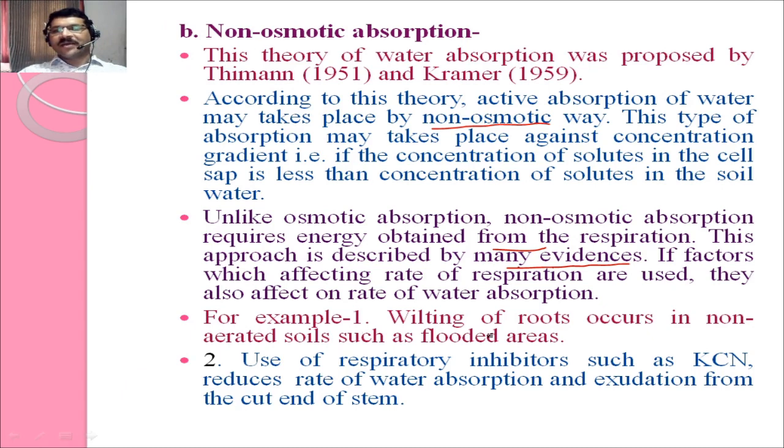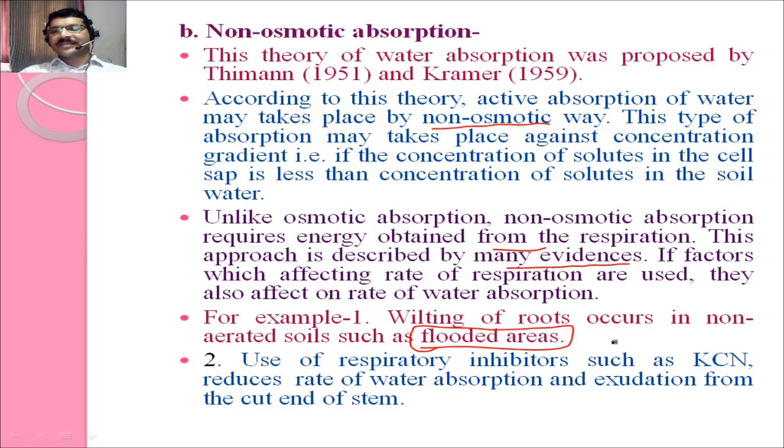First evidence, wilting of roots occurs in non-aerated soil such as flooded areas. In flooded areas there are some plants which remain embedded in water for many days, and their roots do not get any oxygen for respiration.